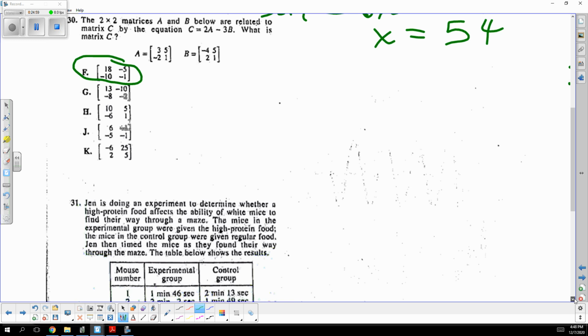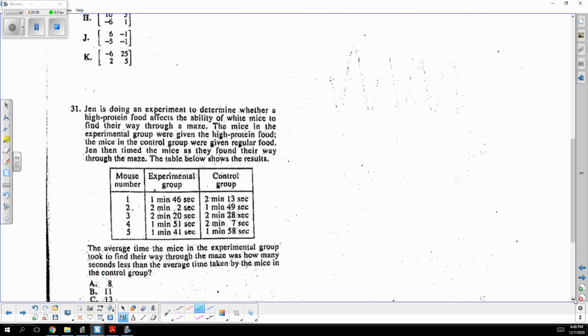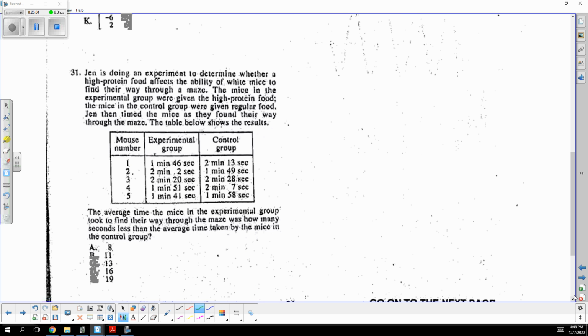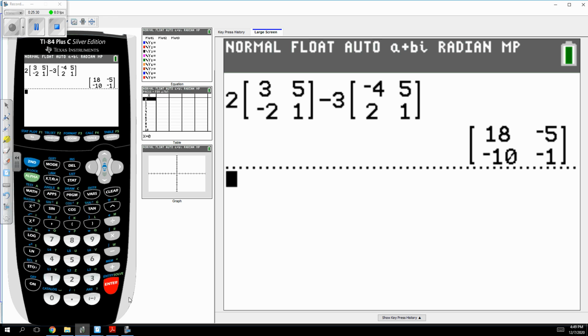All right, what's this? She's experimenting, and the mice in the experimental group were given the high protein, and the control group were not. The average time was how many seconds less. So what you want to do is add all these up. Now, when I'm doing 1 minute and 46 seconds, I'm just going to go 60 plus 46.